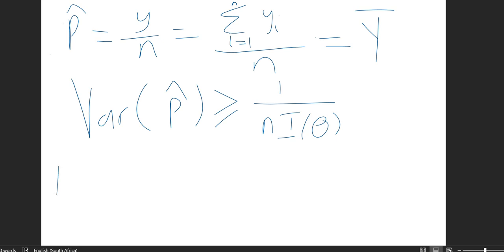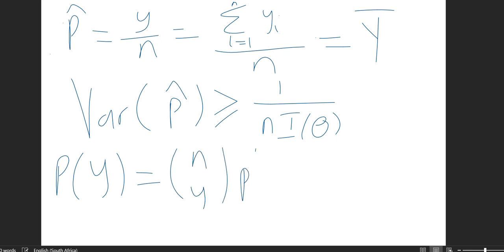The probability mass function, the PMF, of a binomial distribution is given as n choose y, times p raised to the exponent y, times 1 minus p raised to the exponent n minus y.